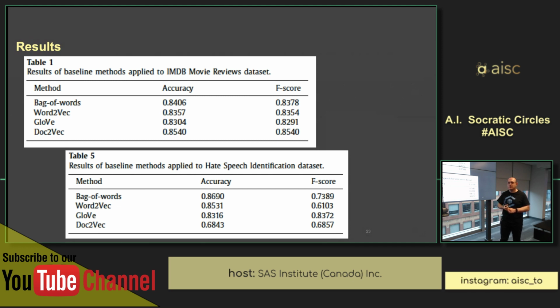I'm just curious about the actual feature extraction for the classification. Yeah, it was just averaging the word vectors for each document. And we will compare the results with these baselines.